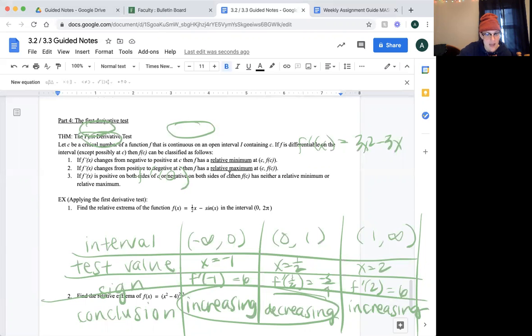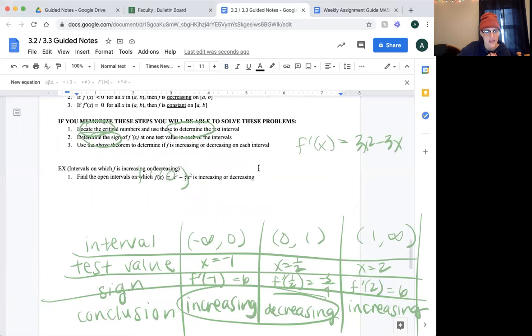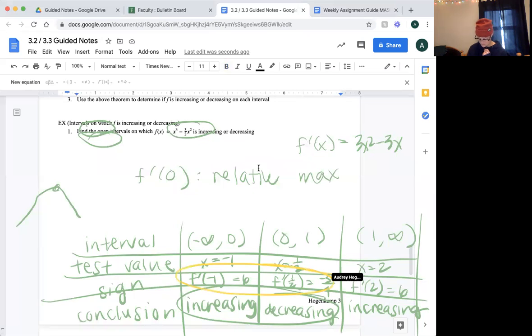So that means we have a relative maximum. So we know that f prime of 0 will be a relative max. And you can think of it as, we know that because it's changing from increasing to decreasing. So that's going to be maximum. Also, we can look at the sign of our derivative, which is changing from positive to negative, positive 6 to negative 3/4. So that's going to be relative max.